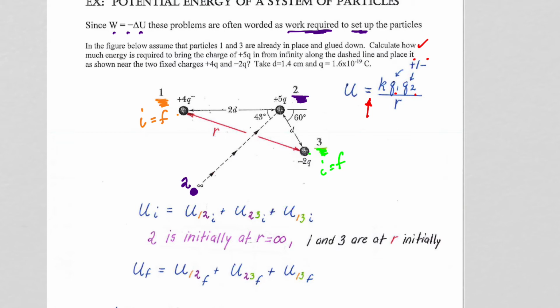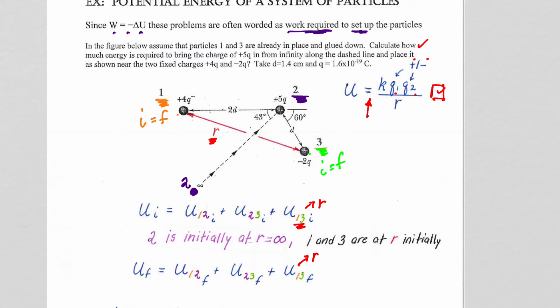So in both cases, they are a distance r apart. So 1 and 3 will initially be at a distance r, and 1 and 3 will finally be at a distance r. So when we take the delta U, there's no change in potential energy because the equation U equals K Q1 Q2 on R remains the same initially and finally. So we're going to end up losing those terms.